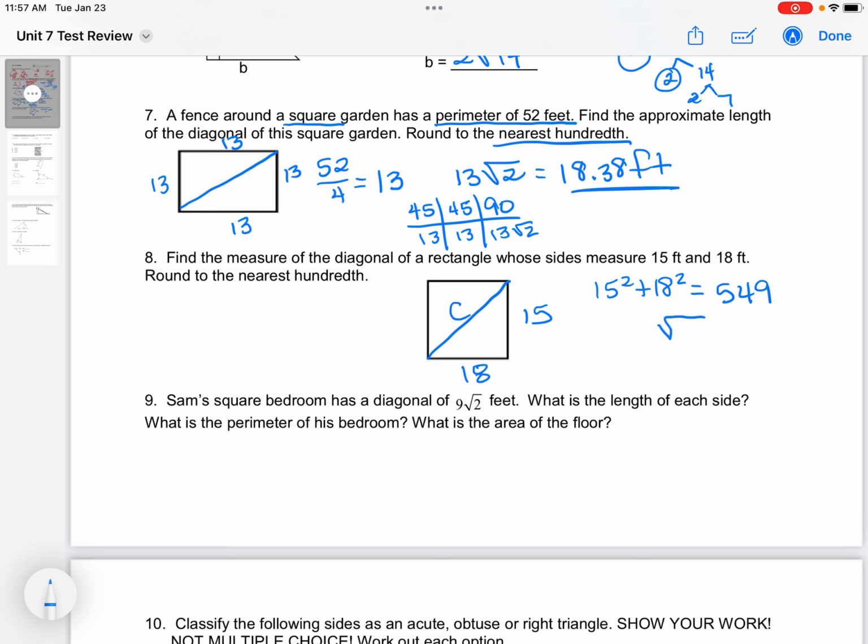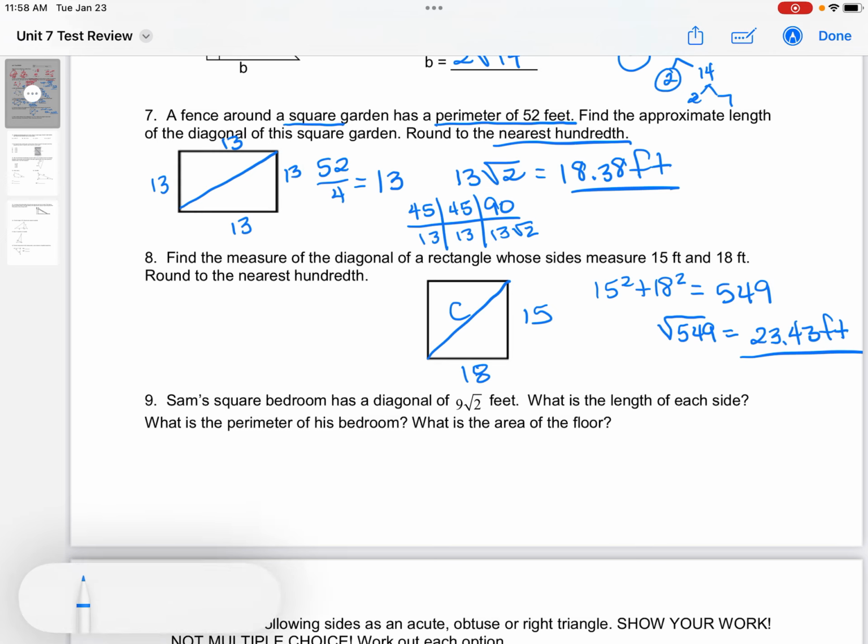That is not a perfect square. Oh, but it says round it. So I'm just going to put square root of 549 in my calculator. 23.43 feet.